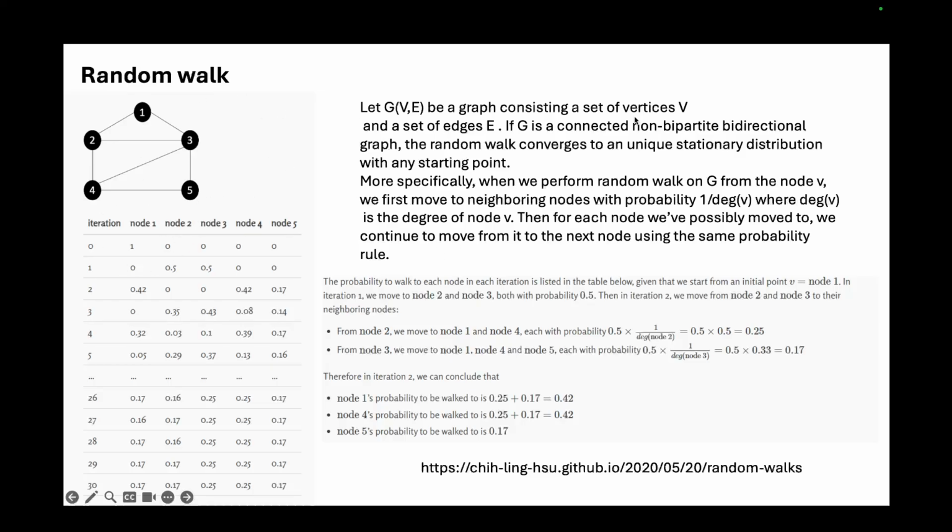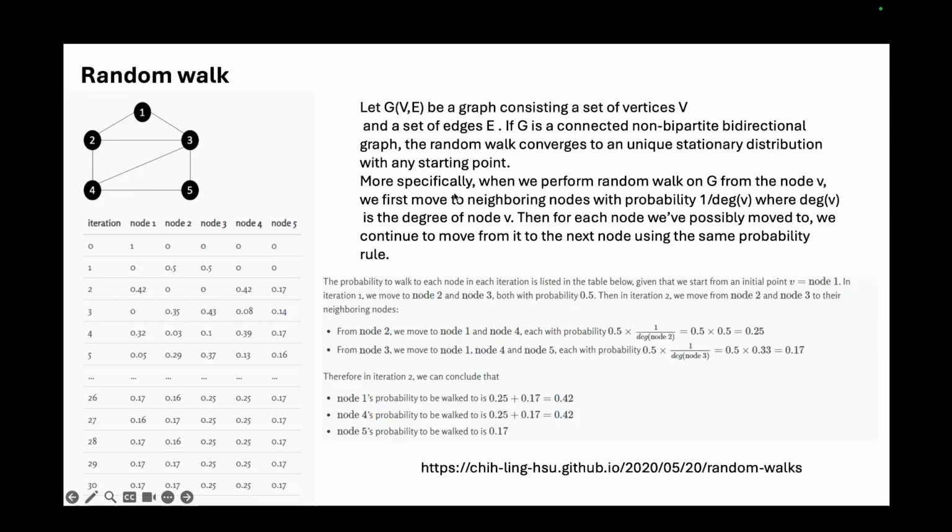You have a graph here with vertices V and edges E. If G is connected, non-bipartite, I'll ask you to ignore these terms, non-bipartite, and bidirectional. Bidirectional basically means you have no direction in the edges. You can move both ways. So this is not a directed graph.